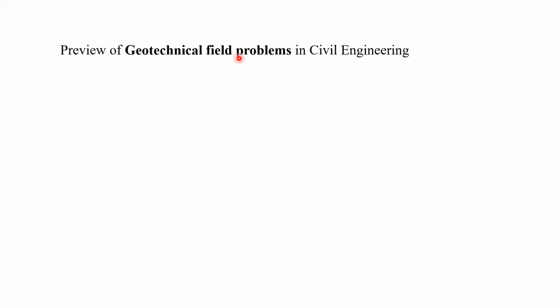That means we should know what type of geotechnical field problems will arise if you are not going to carry out a study about the physical properties of the soil before construction of any structures, or what are the various forces going to work on the soil. And you see here in civil engineering, whenever you talk about civil engineering, all these structures will come here, which may be foundation, which may be retaining structure, which may be conduits.